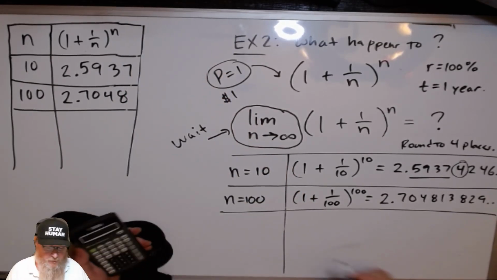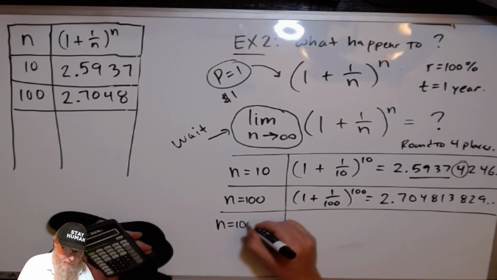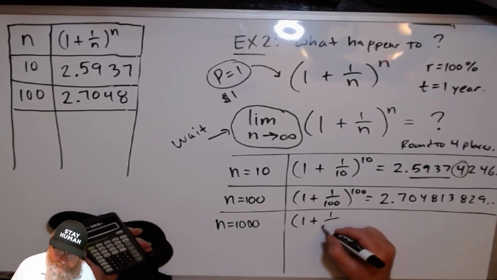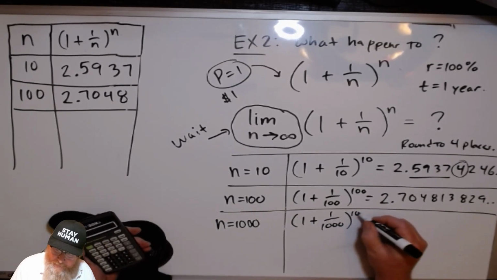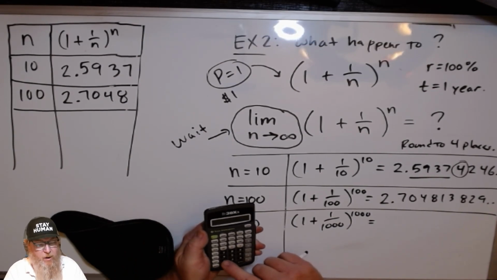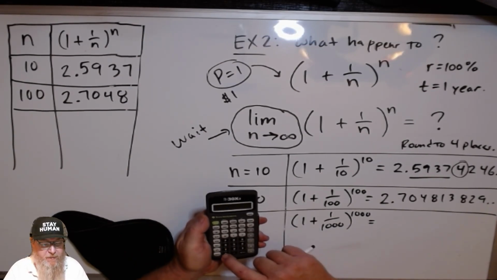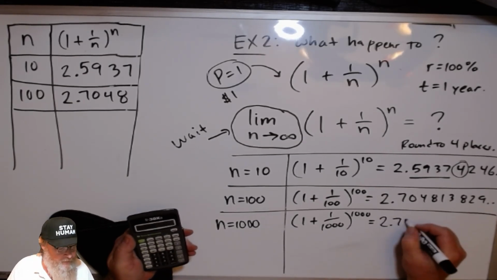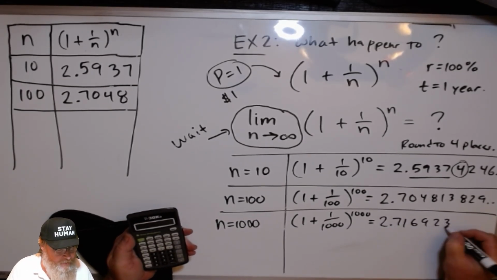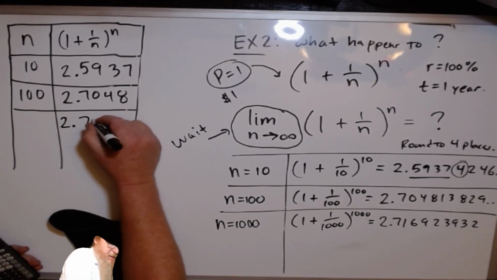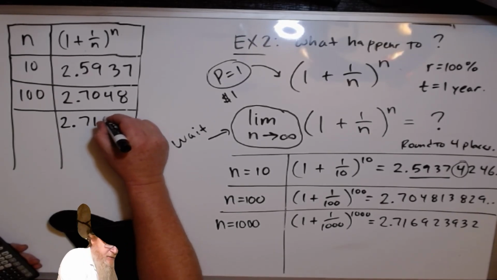Give myself a little more space. Let's do 1,000. 1.001 to the 1,000th power. 2.716923932. So 2.7169.